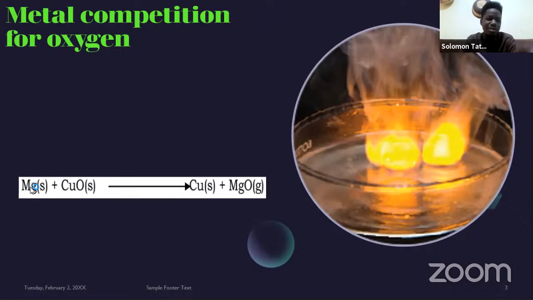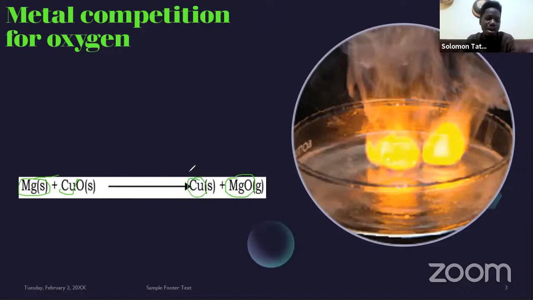For example, in this equation, magnesium is displacing the copper from the oxygen. So it is taking up the oxygen. The magnesium atom is taking up the oxygen, and the copper is remaining alone.